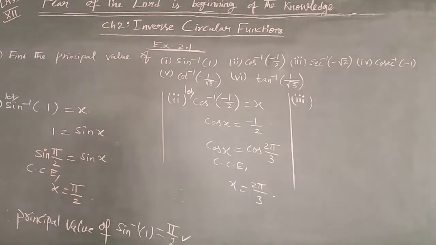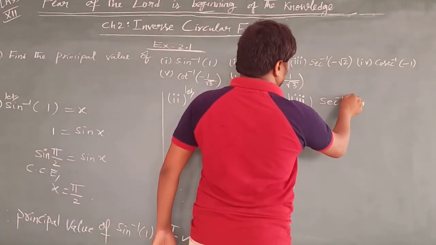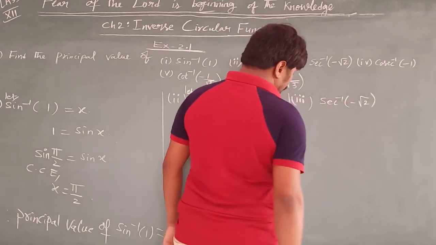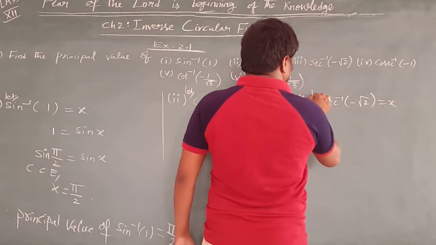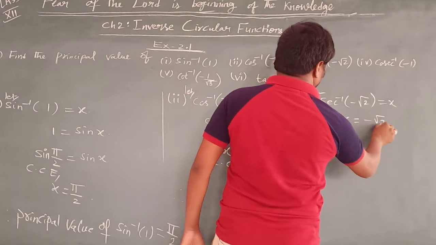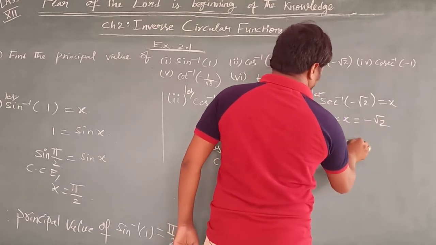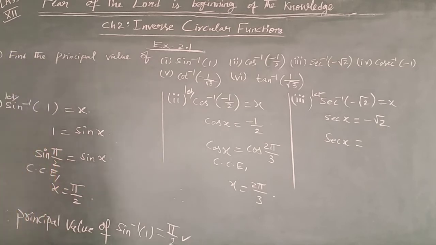Now let's move on to the third. In this third one, we write secant inverse minus root 2 is equal to x. Then sec x is equal to minus root 2. Where is it possible to get this?